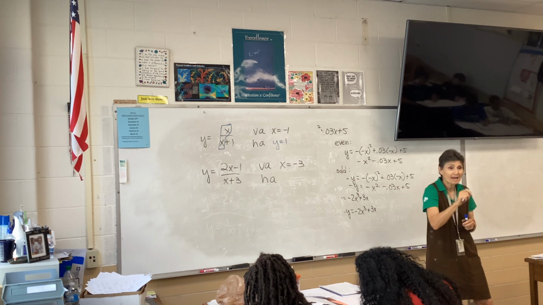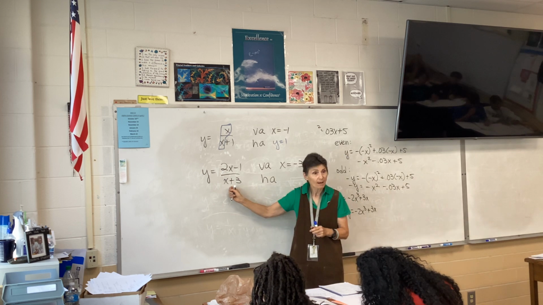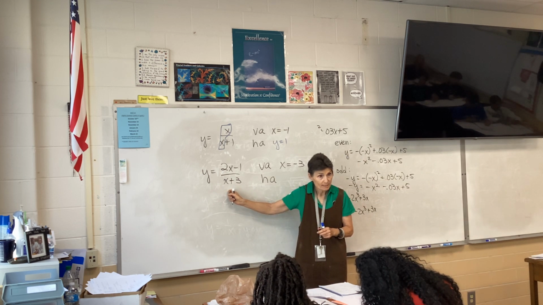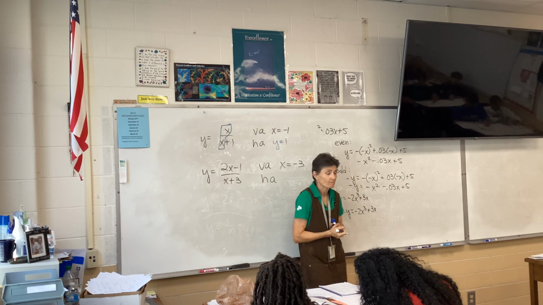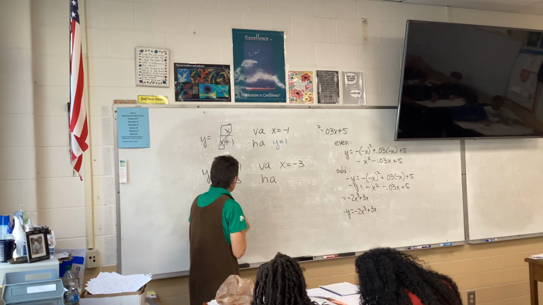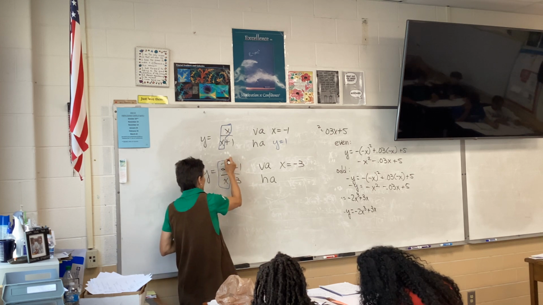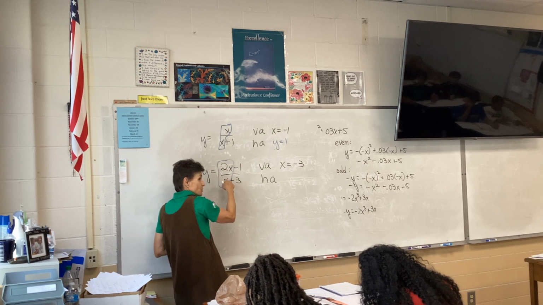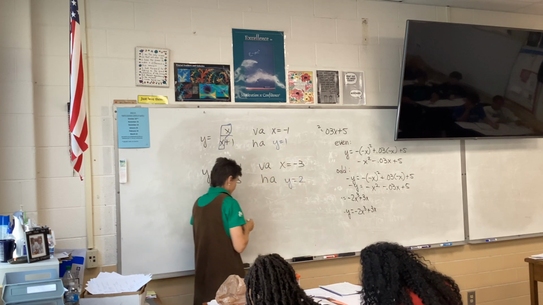What can x not be? Clearly, x cannot be -3. So there is a break in your graph at -3. What about a horizontal in this case? 2. Look, y equals 2. That's your horizontal asymptote.